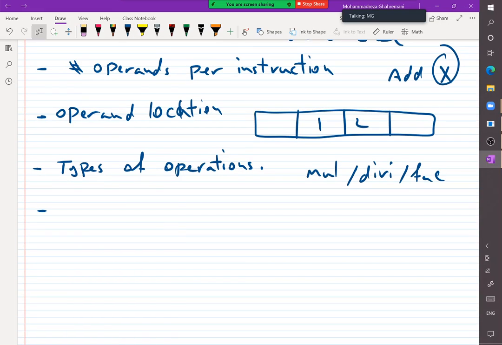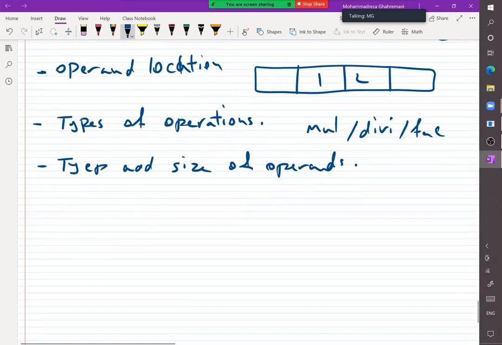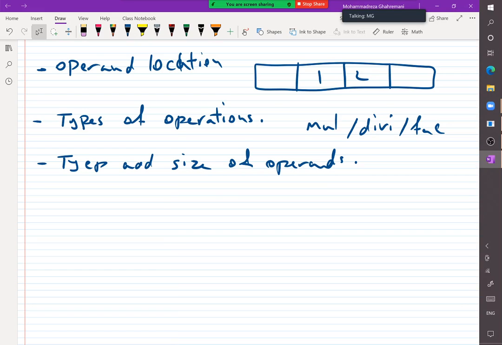type and size of operands. Okay, so how many bits is each operand? If we want to add two numbers, what's the size of these two operands?